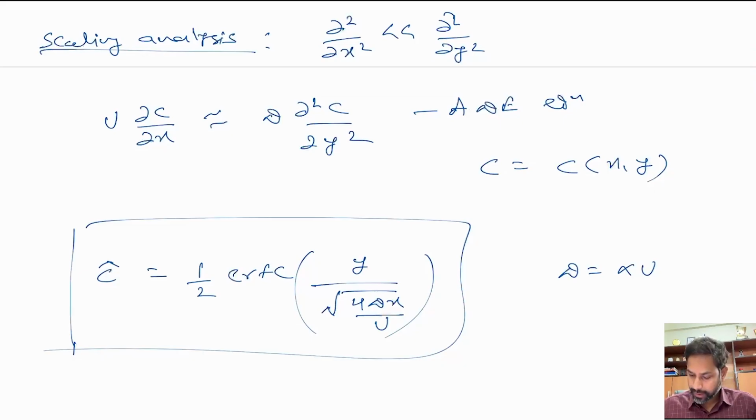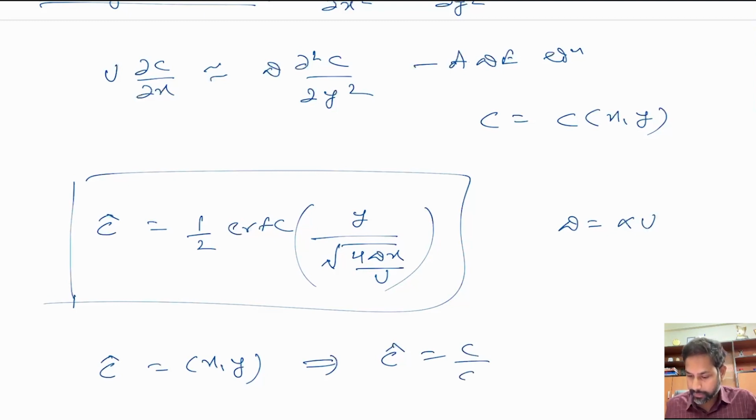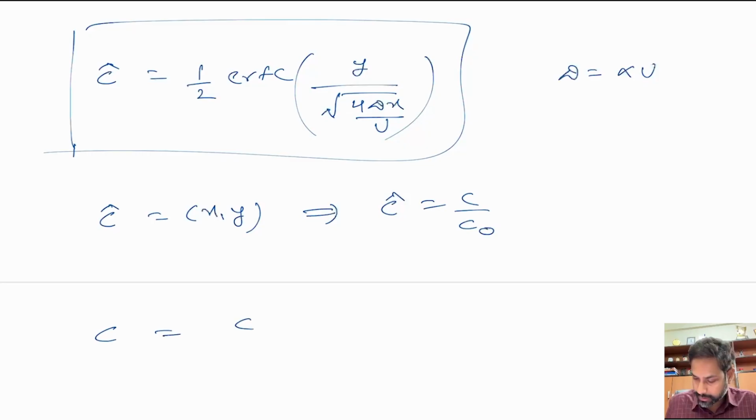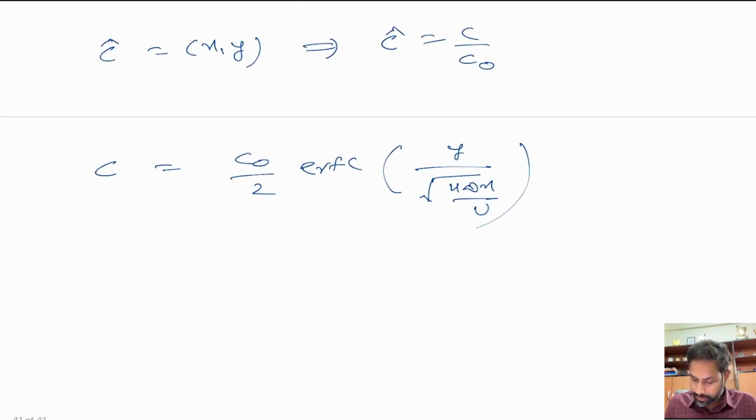Okay, and you can see how C hat here is a function of both x and y, and C hat we know is C over C naught. So this basically will give you C as C naught by 2 ERFC y over 4d x over u.